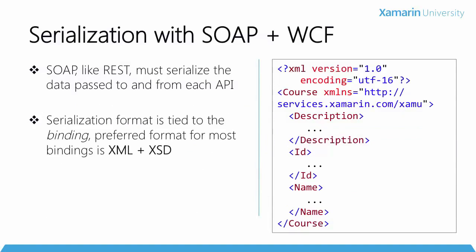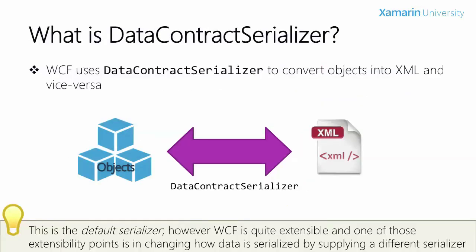Once we have the ABCs defined, we need to deal with the data going back and forth. Recall, we're passing a Course object back and forth. This will need to be serialized in an agreed upon format. SOAP often uses XML, and that's because the surrounding envelope is already in XML. Now, WCF itself utilizes a built-in class to do the serialization for you, and this takes your object graph and turns it into that XML.